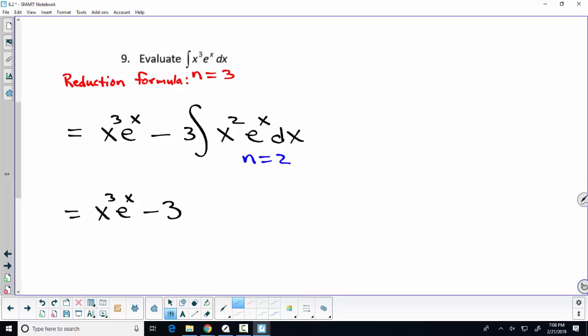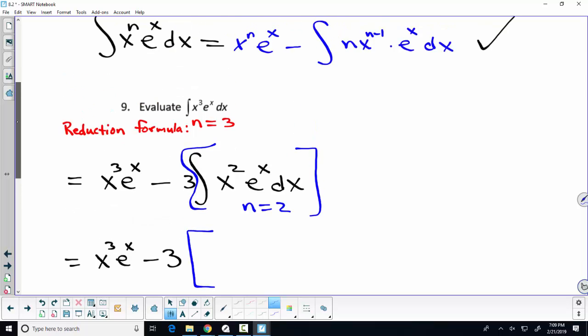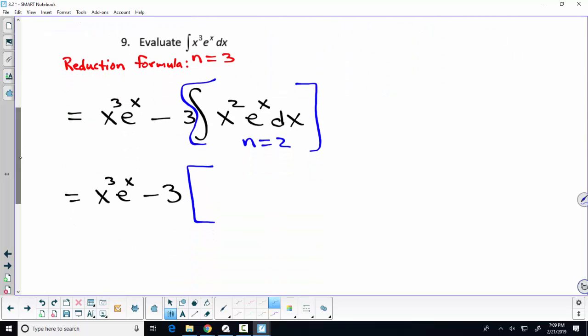So we have minus 3 times all of this. We're about to break this up into 2 other pieces, so just be careful because you have a negative 3 times both of those terms. It's still x to the n, e to the x. So x to the n times e to the x minus the integral of x to 1 less power, e to the x dx.